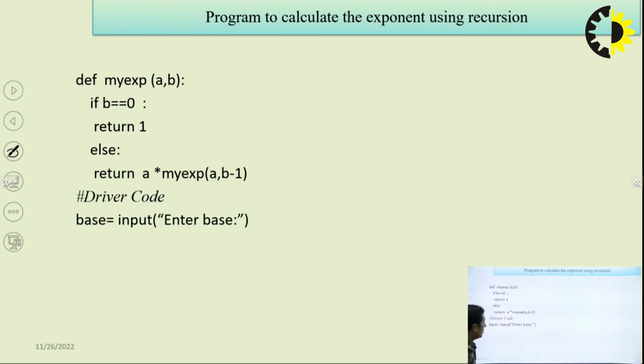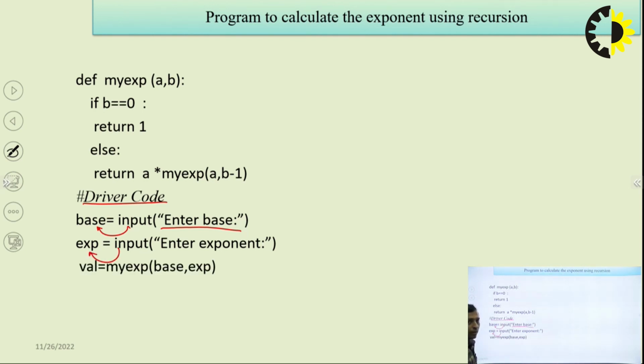Now the driver code. First we ask for the base from the user, enter base, give the value, and we save it in the variable named base. Second, enter the exponent from the user, we save it into exp, and then we call our recursive function with these parameters, base and exponent. We are passing two parameters, and these two parameters come here in a and b.